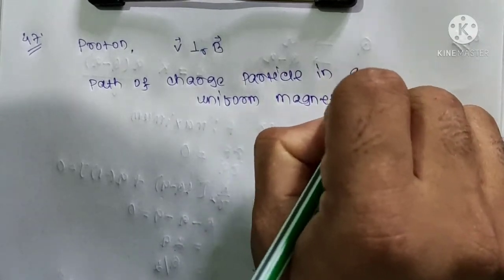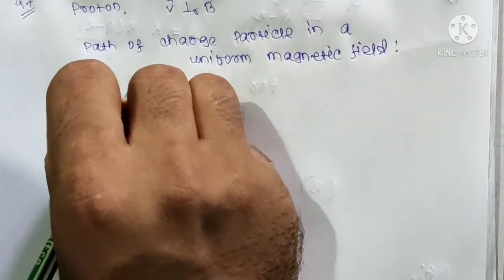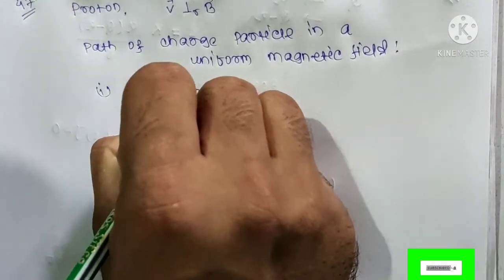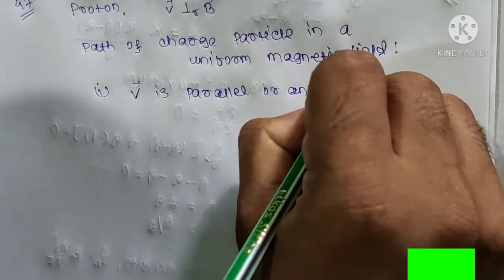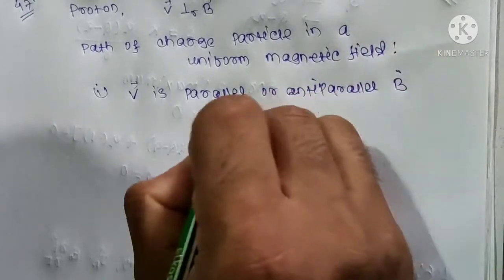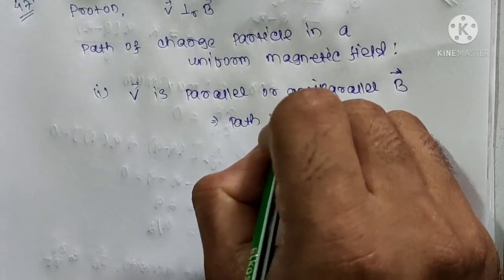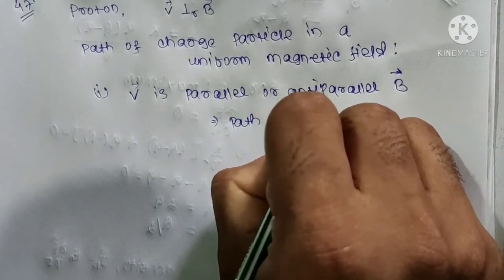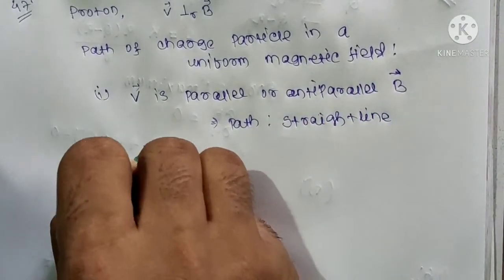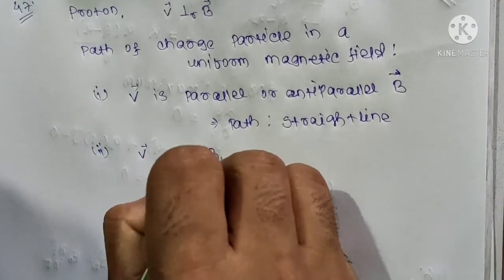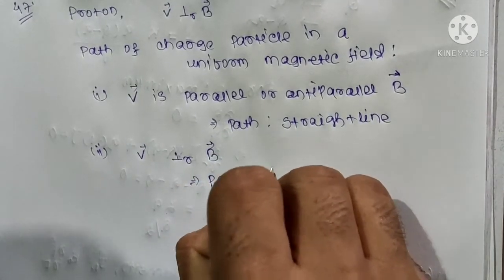First one, if the velocity of the charged particle is parallel or anti-parallel to the magnetic field, then the charged particle will follow a straight line path. Second one, if the velocity of the charged particle is perpendicular to the magnetic field, then the charged particle will follow a circular path.